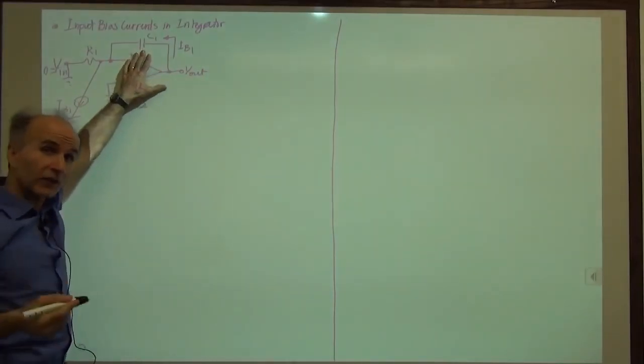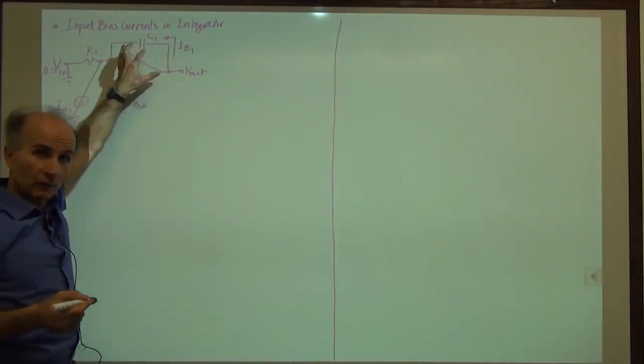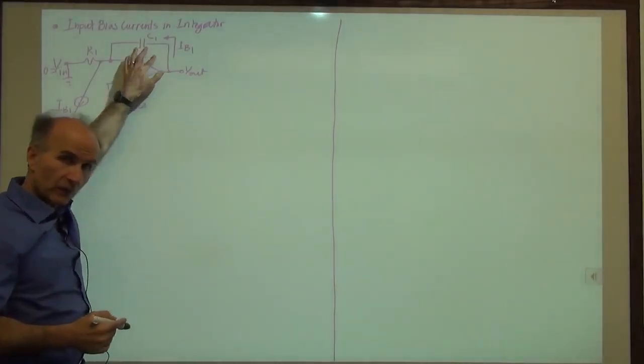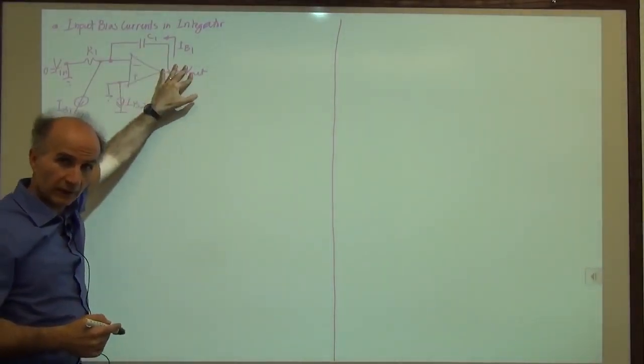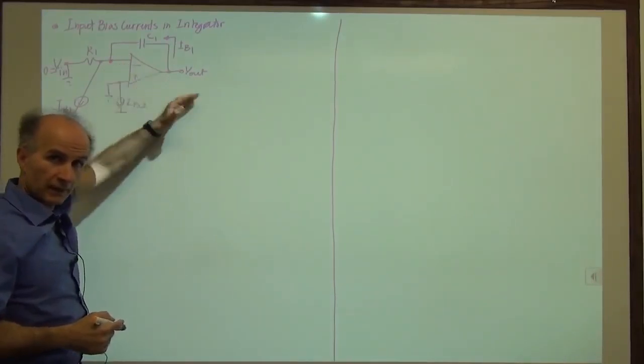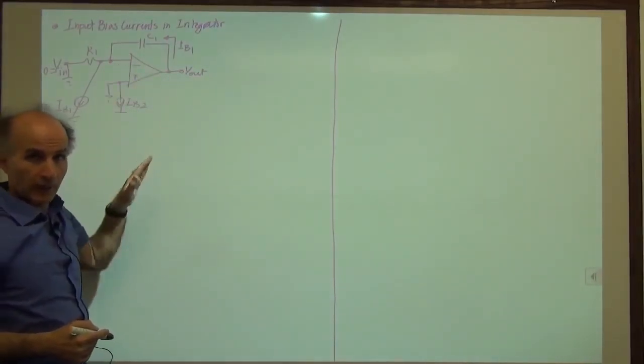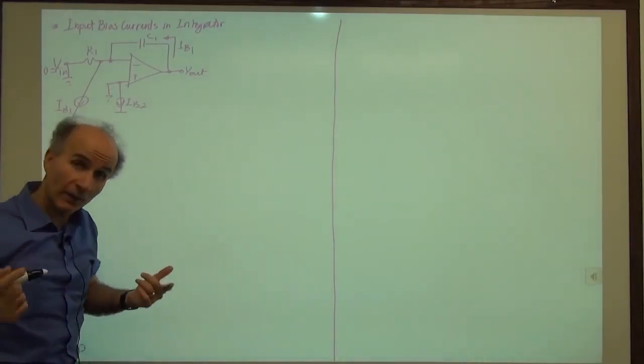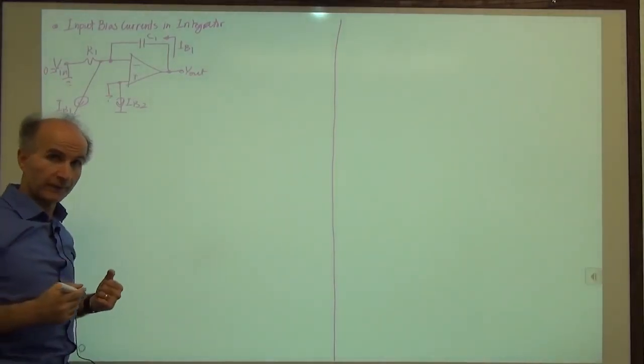C1 is integrating that current because we know that the voltage across the capacitor is the integral of the current through the capacitor. So C1 continues to integrate this current. This side is 0, and this side keeps going up, so V out keeps going up. Very similar to the effect of the DC offsets that we saw before.